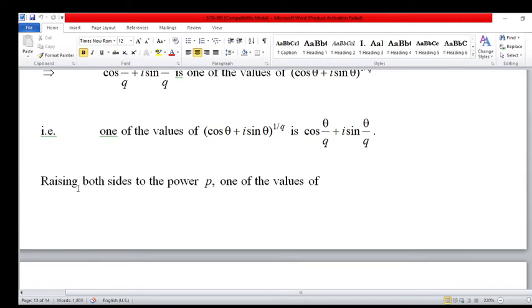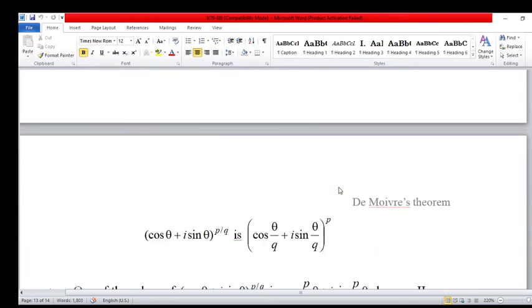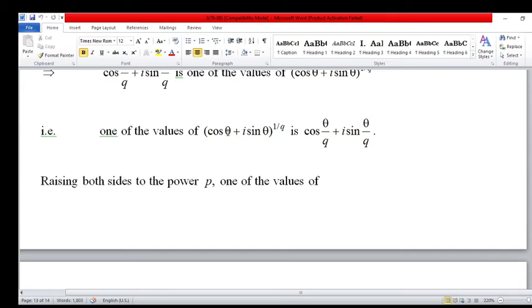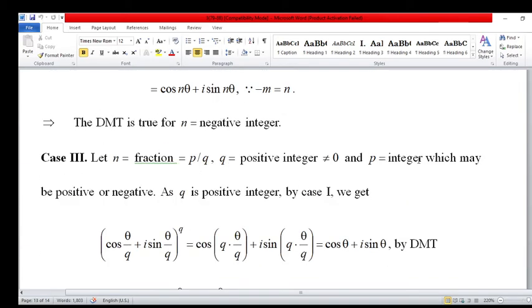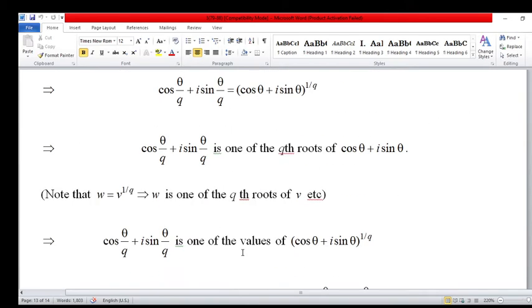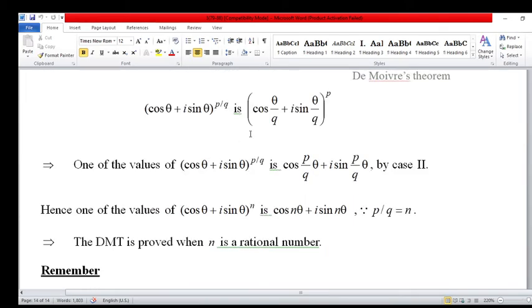Now raising both sides to the power of p means we take power p on both sides. So the left hand side is cos theta plus i sin theta raised to the power p upon q, and cos theta upon q plus i sin theta upon q raised to the power p. P is a positive integer, as already given previously. This time, cos theta plus i sin theta raised to the power p upon q is cos theta upon q plus i sin theta upon q raised to the power p.